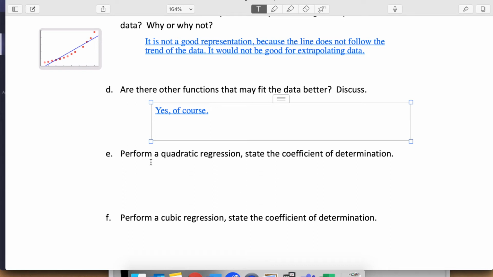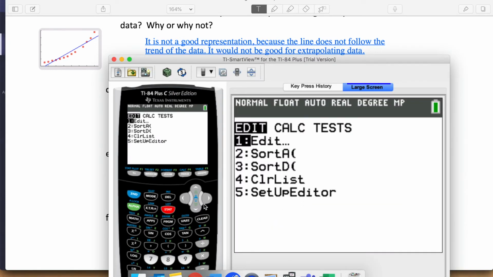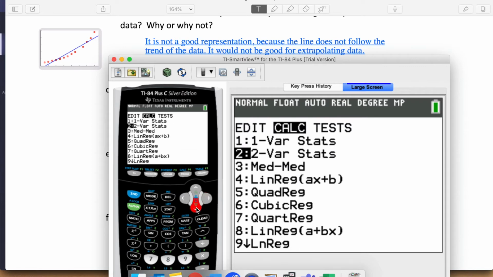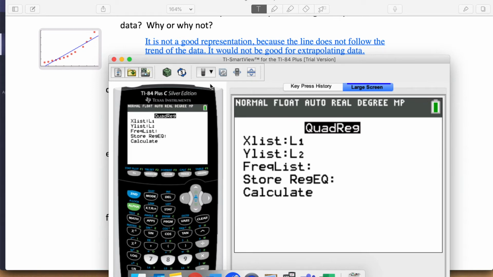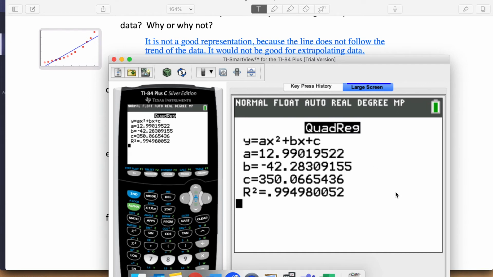So the first one we'll do is a quadratic regression. It's pretty easy to do. Go back, press Stat, scroll over to Calc, and go down to number 5, which is quadratic regression, and press Enter. Then press Enter on Calculate, and we get this.